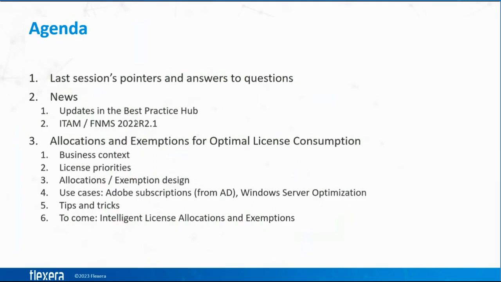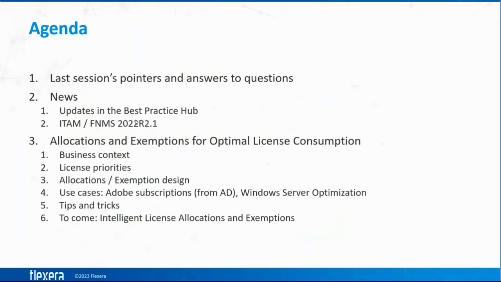Finally, we will go through the topic of the day, which is how to manage allocations and exemptions for optimal license consumption. We will start with the business context, then discuss what the license priorities are. We will discuss the allocation design and go through some use cases, such as Adobe subscriptions from Active Directory, Windows Server optimization, and end user licenses like Adobe.